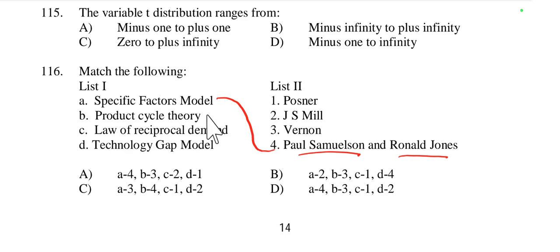Then product cycle theory given by Vernon. Then law of reciprocal demand given by J.S. Mill. Then technological gap model given by Posner. So here A for B3, C2, D1. So here the right option is option number A.